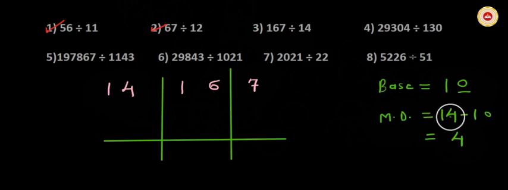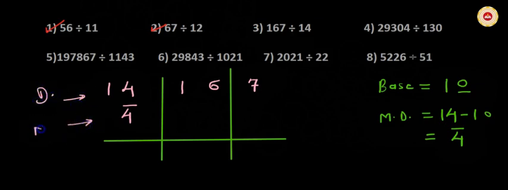Now apply Paravartya Sutra, that means reverse the sign of this deviation. This 4 is positive, make it negative. Now this negative 4, minus 4, is modified divisor. So write minus 4 below given divisor 14. This is divisor and this is modified divisor.